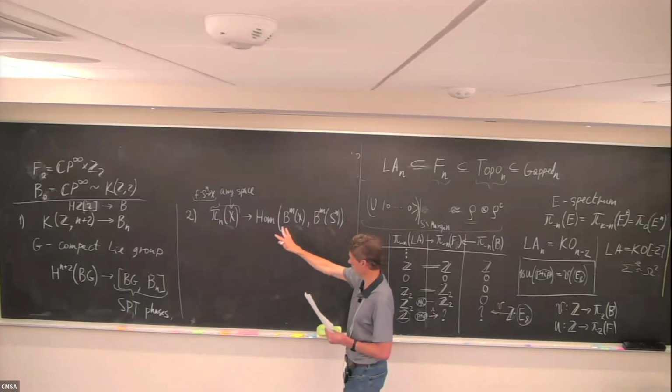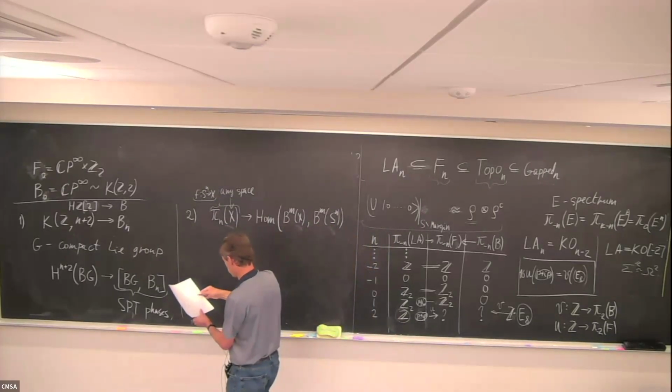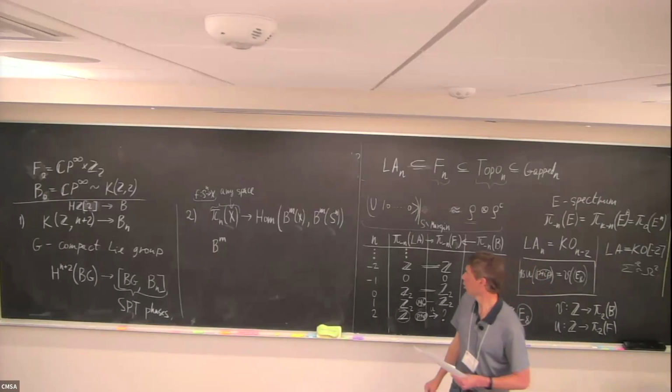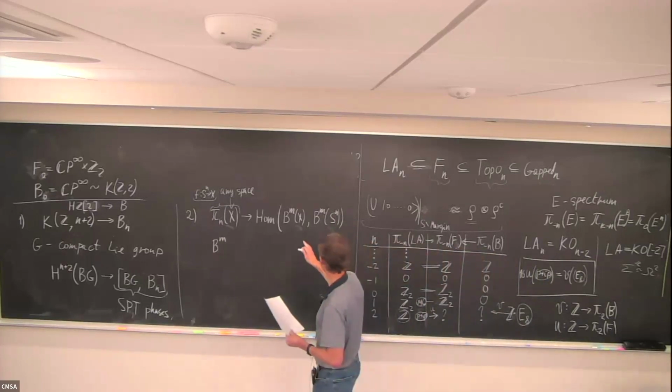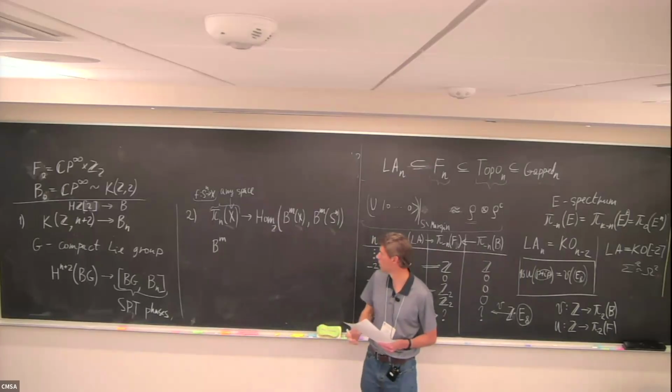And we can swap the two factors, and this way we get something like. Alexei, question. So Hom in which category? Excuse me? This Hom is in which category? Oh, Hom in the category of abelian groups. Okay. Thanks.